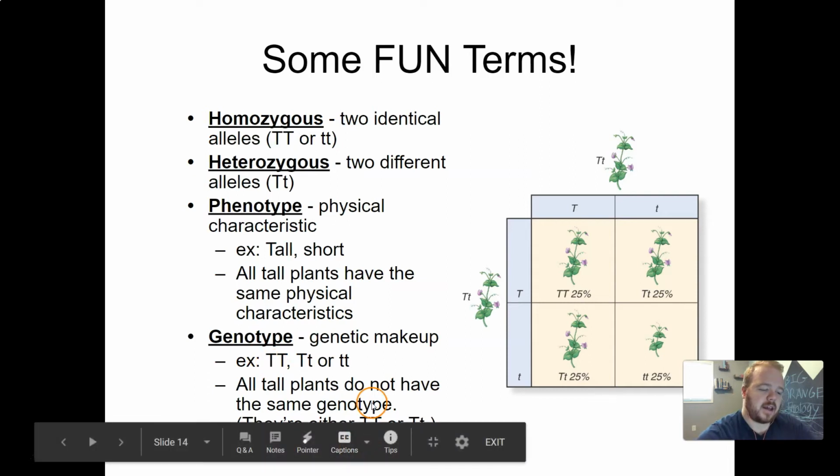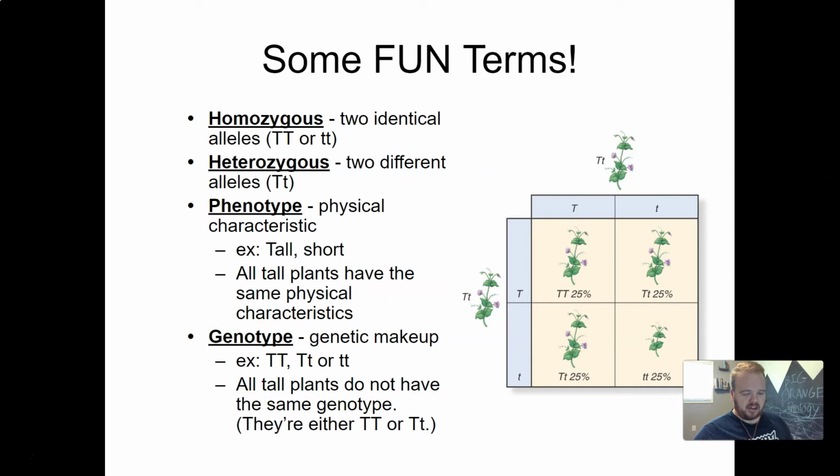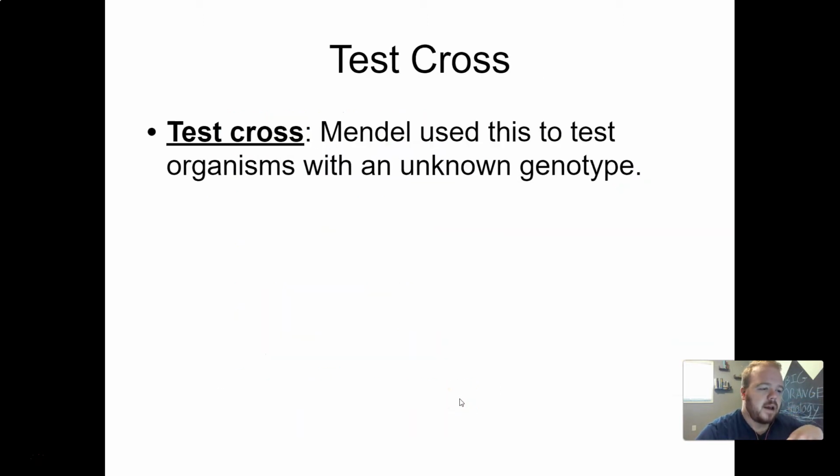So homozygous and heterozygous more often than not will appear the same. That's why, when you look at a population, you cannot assume the genotype for a dominant individual because they could be homozygous or heterozygous. That applies more to the AP level stuff, when talking about things like Hardy-Weinberg.